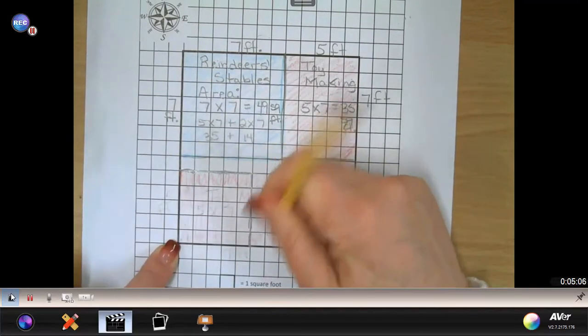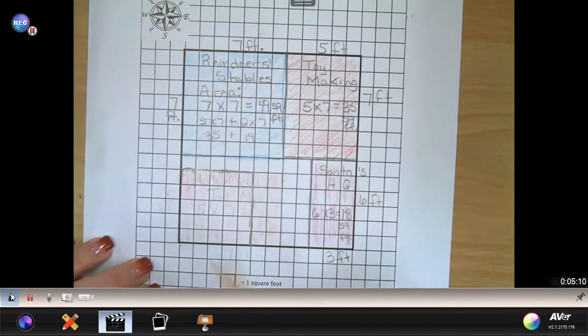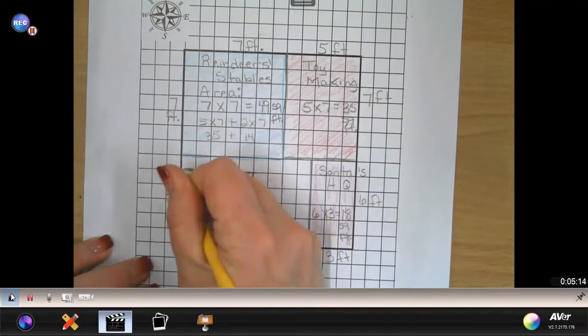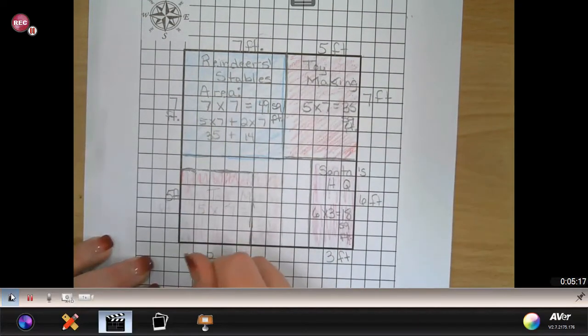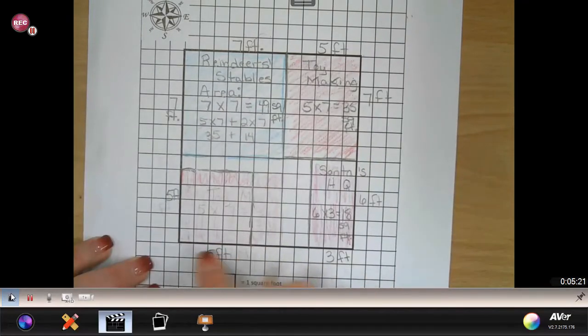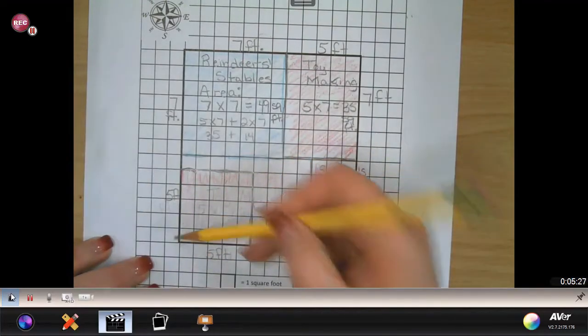Okay, and I made a little boo-boo earlier, so I had to erase that. I'm going to label this 5 feet in length and 5 feet in width. I know that this is the width because I'm counting 1, 2, 3, 4, 5. The length is 1, 2, 3, 4, 5.